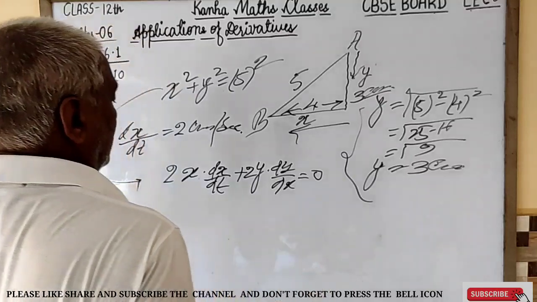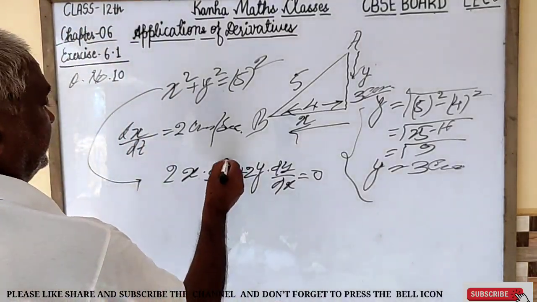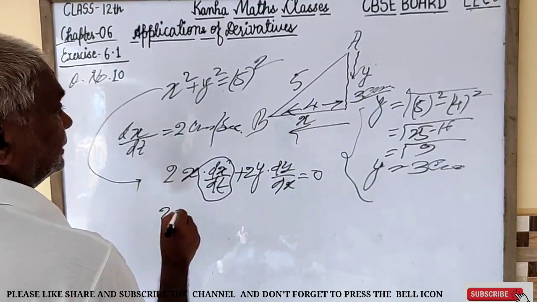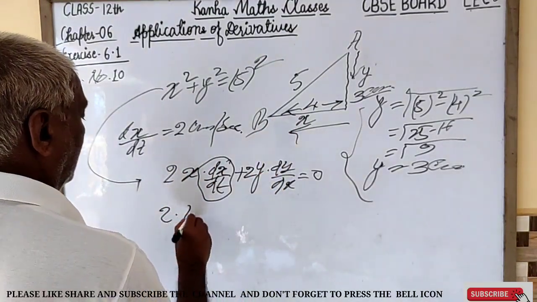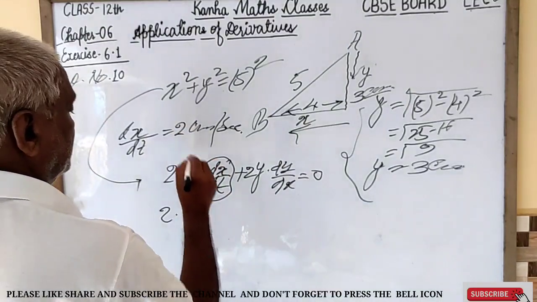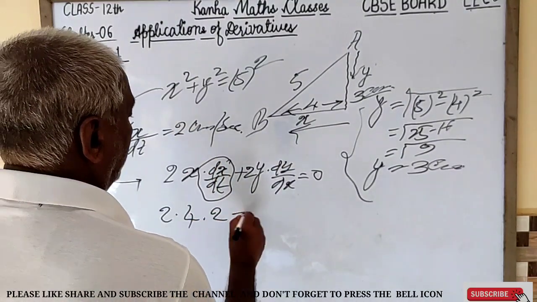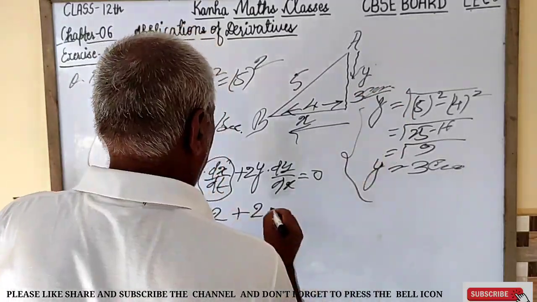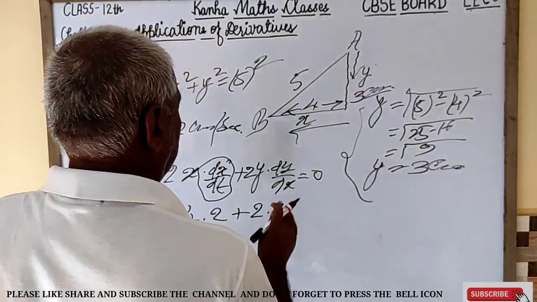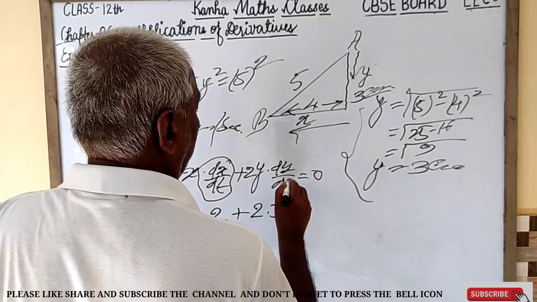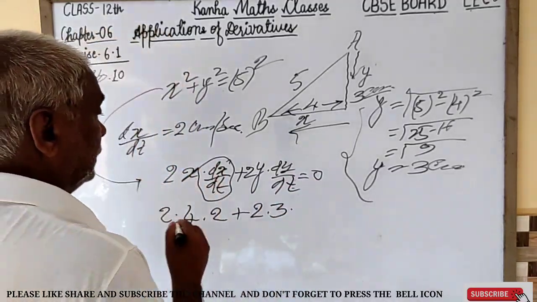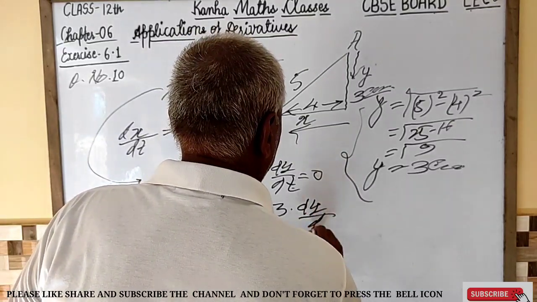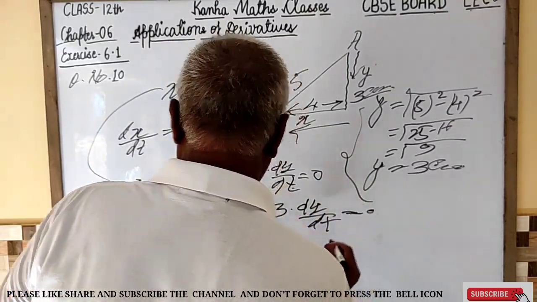This dx/dt is given, 2x means 4, dx/dt means 2, plus 2y means 3, and dy/dt is equal to 0.